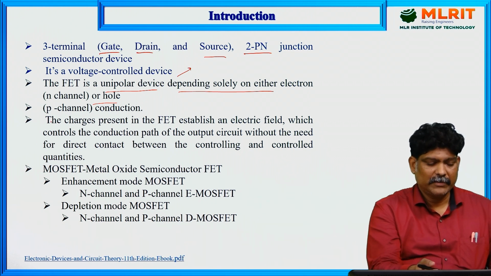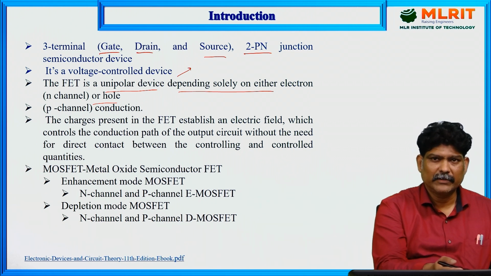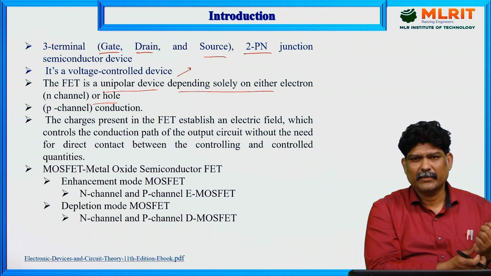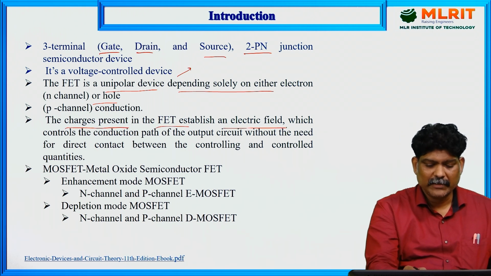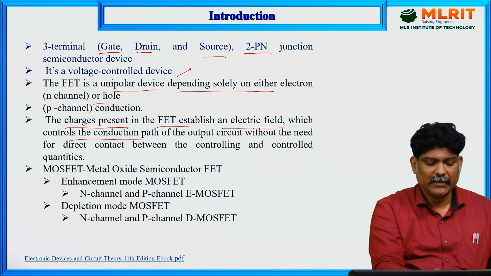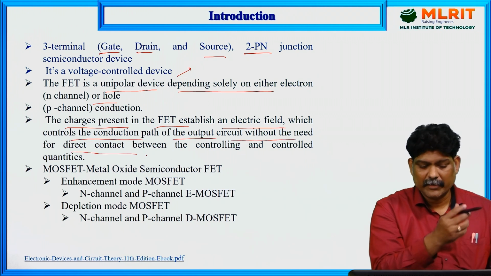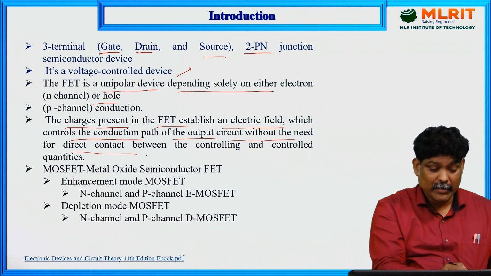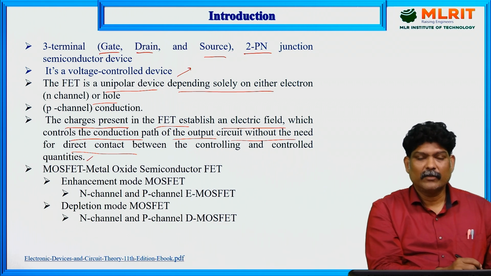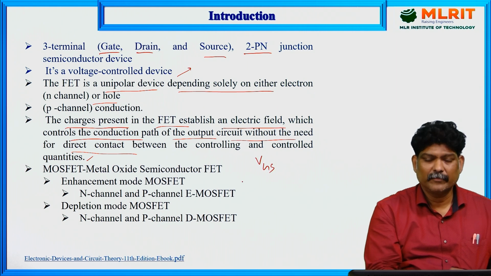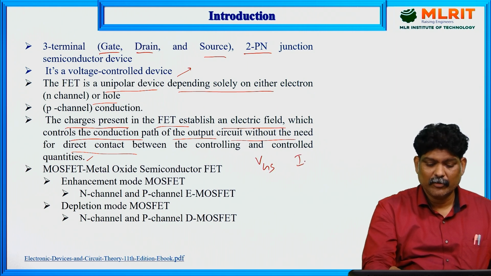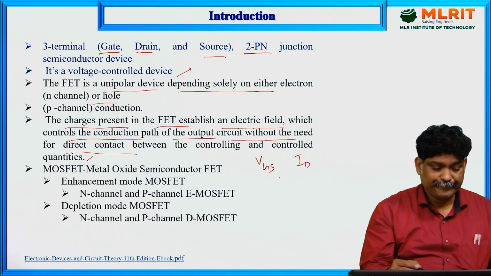If the operation depends upon holes, then we call it a P channel FET. The charges present in the FET establish an electric field which controls the conduction path of the output circuit without the need for direct contact between controlling and controlled quantities. Here the controlling parameter is VGS and the controlled parameter is the output drain current.